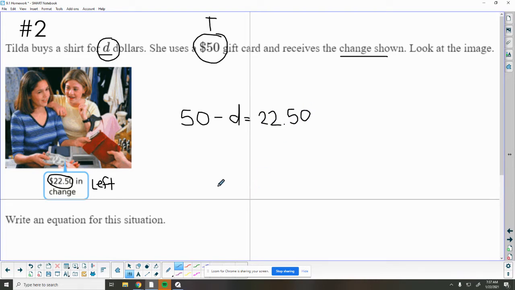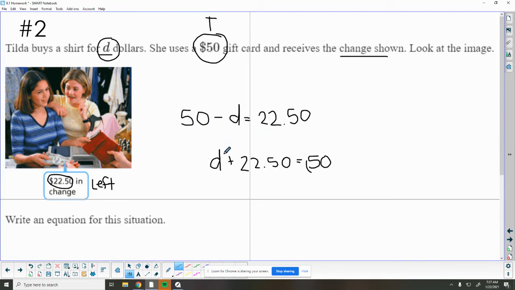So we could do the opposite of this problem as well. The opposite of minus D is to add D and our change. So if I took the D dollars and this is what I spent, this is what I have left on my gift card, it should equal $50, which was what I had on the gift card.